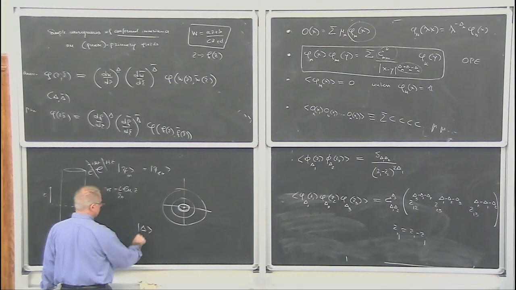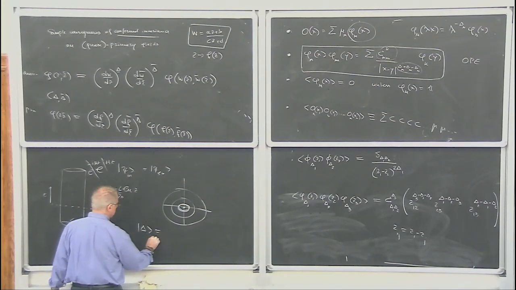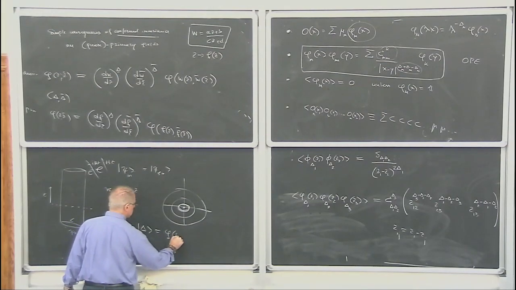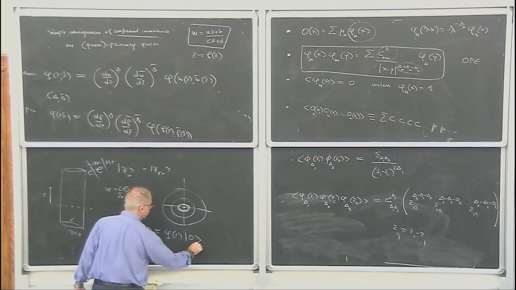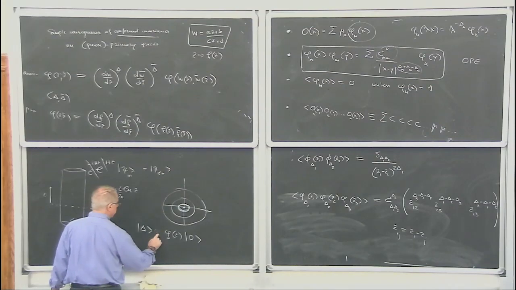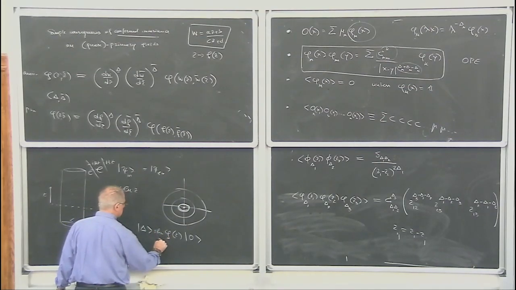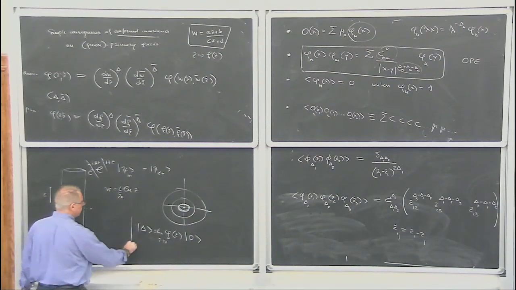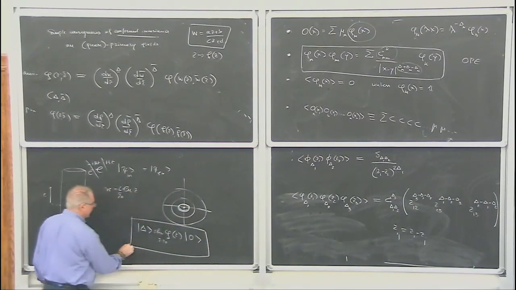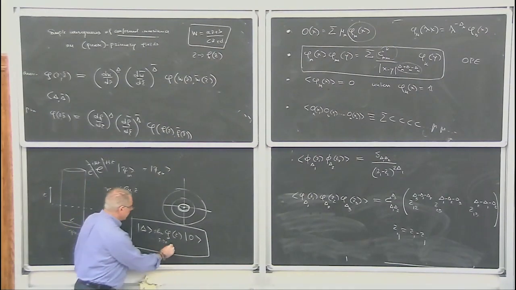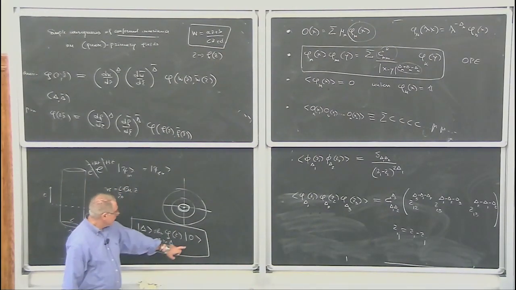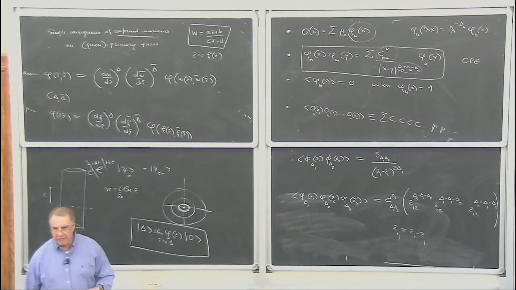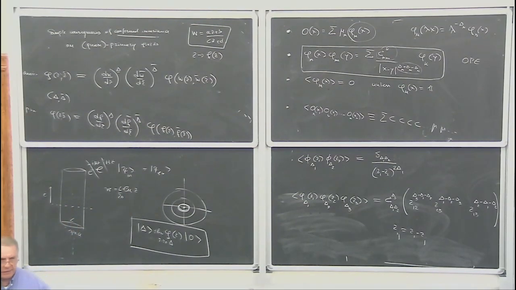So let me define some initial state, like phi of z applied to some vacuum, limit z goes to 0. It's a definition. I'm defining as states, applying my conformal field of dimension delta to a vacuum, and the vacuum is the only state which is invariant under the Möbius group.